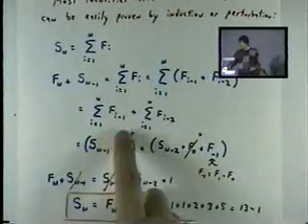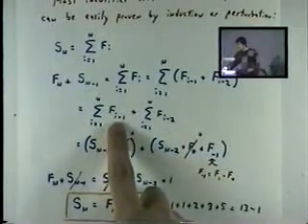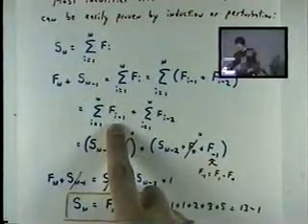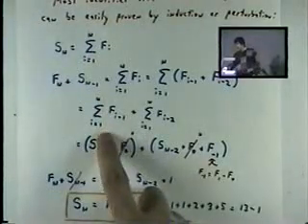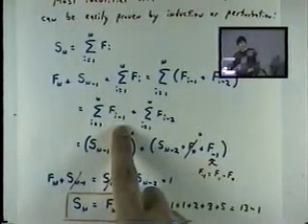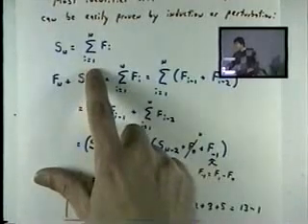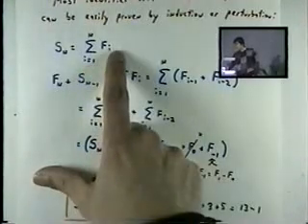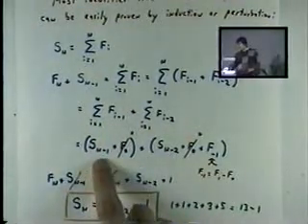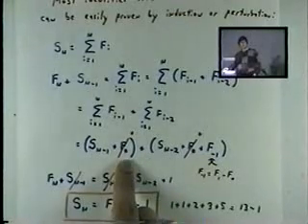It's not quite the same sum, but this is summing up the Fibonacci numbers from fib of 0 to fib of n minus 1. Here we have S sub n, the sum of the first Fibonacci number to the nth. My claim is we can write that as S sub n minus 1 plus fib sub 0.